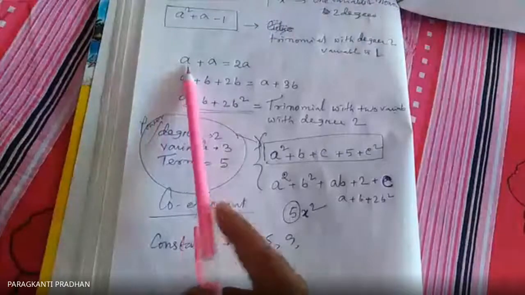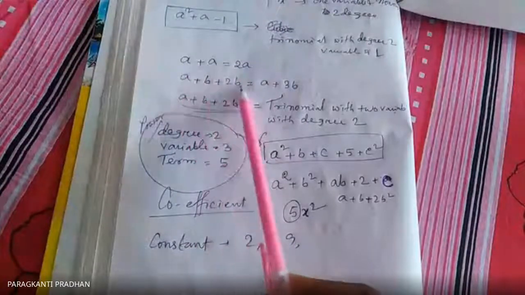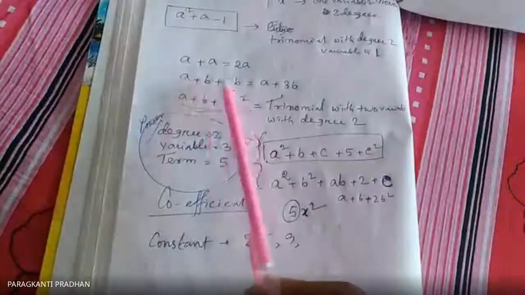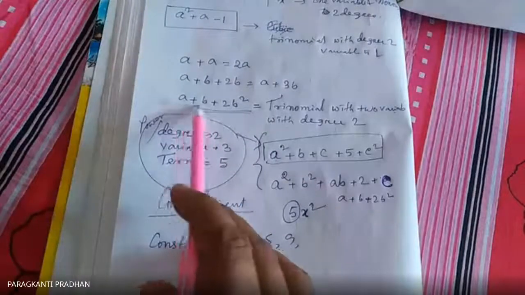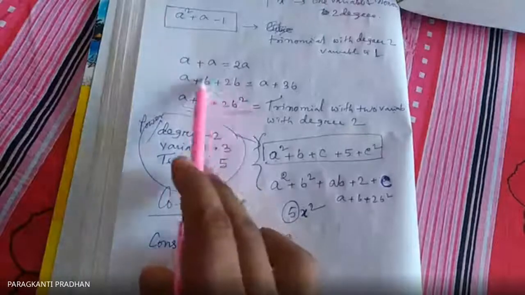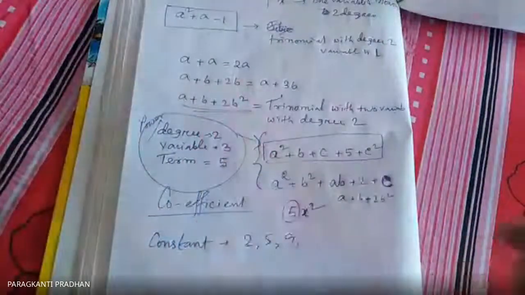In this case, these are like terms. That's why we are adding. B and 2B are like terms. That's why we can add. But A and B are not like terms, they are unlike terms. A, B are unlike, but B and 2B are like.